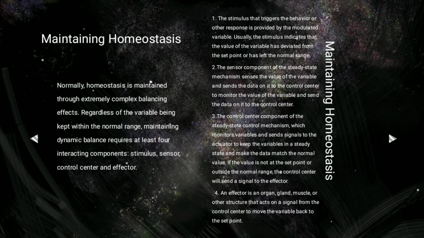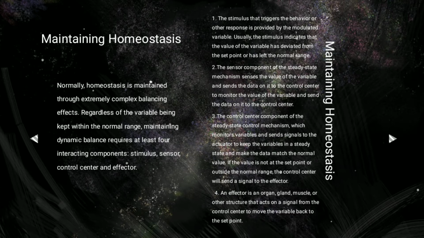Sensor is a component of a steady state mechanism that senses the value of the variable and sends data onto a control center. The sensor is the thing that sends data to the control center.